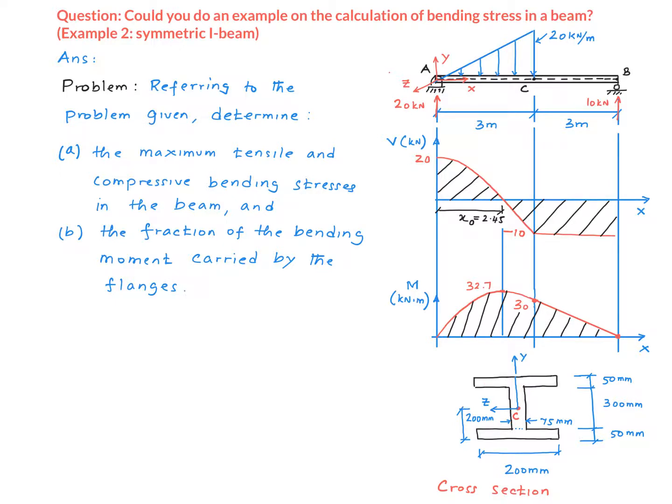Because the two flanges are identical, the cross-section is symmetric about the y-axis as well as the z-axis. And if you recall, the centroid of a cross-section lies on lines of symmetry. On that basis, we know the centroid must lie on the y-axis, it must also lie on the z-axis, and therefore it lies right at point C, which is the intersection of these two axes.